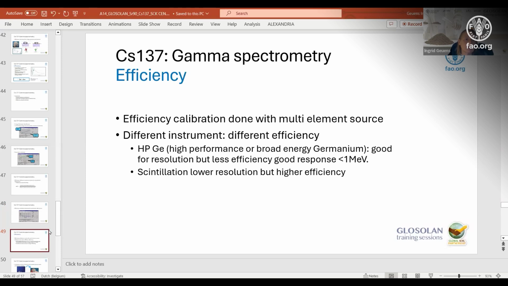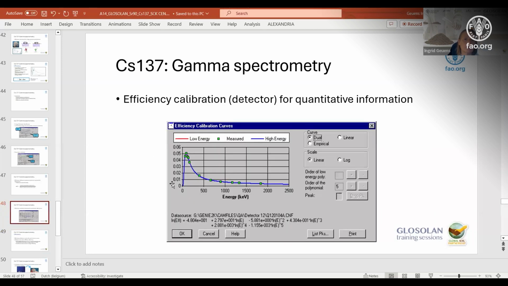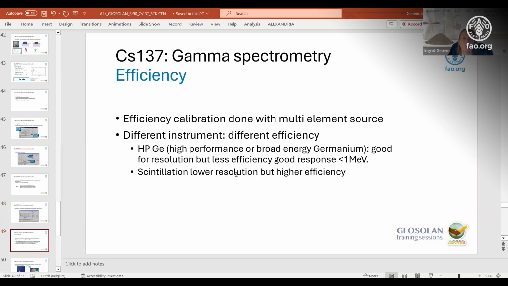As you can see in the graph here, you have different energies, different nuclides present, and you can then calibrate for the efficiency of your detector. For different instruments, you have different efficiency. You cannot compare one instrument with the other. So even if you have 5 of the same kind of instruments in your lab, they all have to be calibrated.